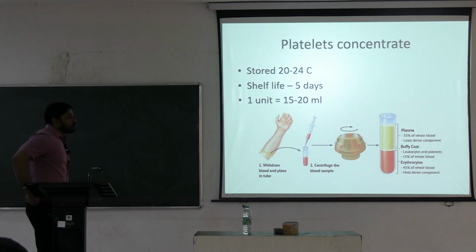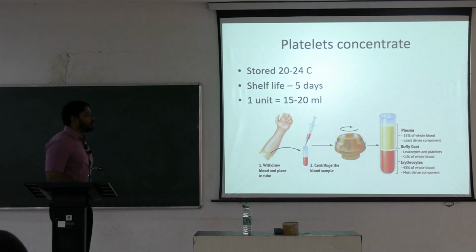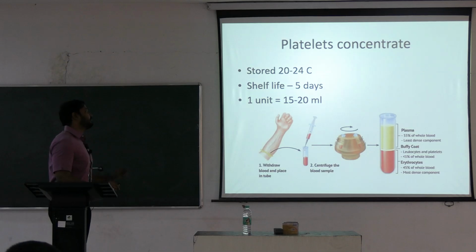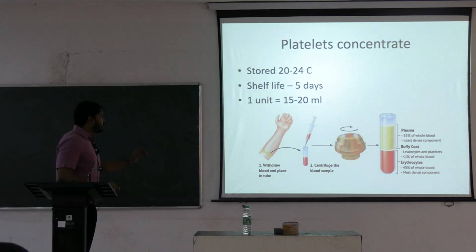So, platelet concentrate. See, a blood sample is withdrawn and centrifuged, and the yellow part is the plasma and the red part is the RBCs and the cellular components. From that plasma part you get the platelet concentrate. Platelets you can store for 5 days only.